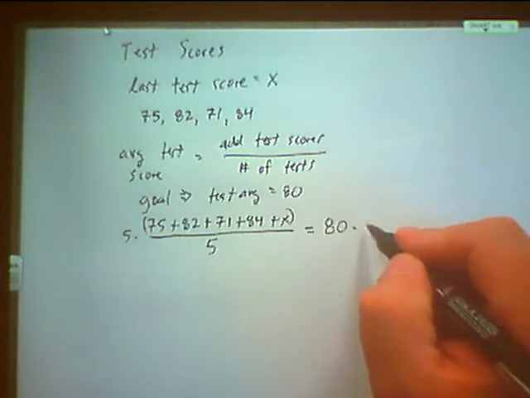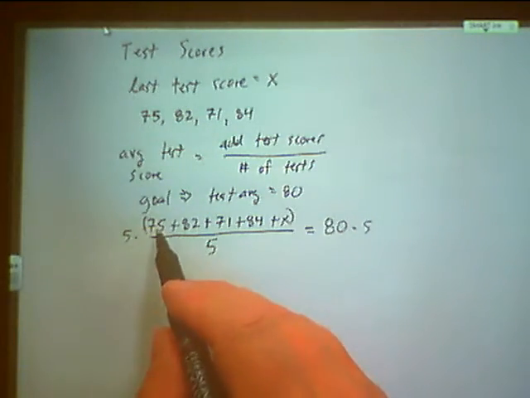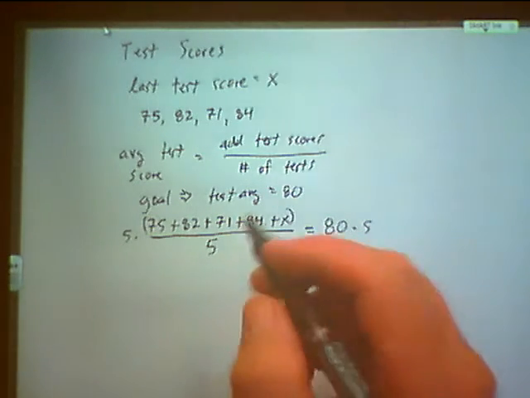I would multiply both sides by 5. And I'm actually going to add these 4 first test scores together. I've got my calculator here: 75 plus 82 plus 71 plus 84 equals 312.